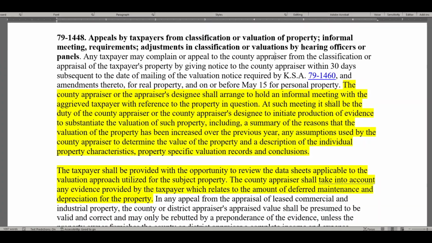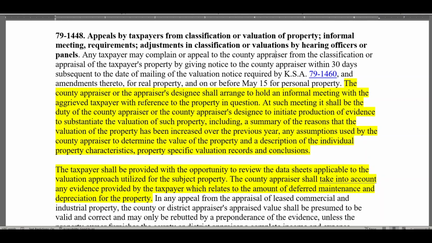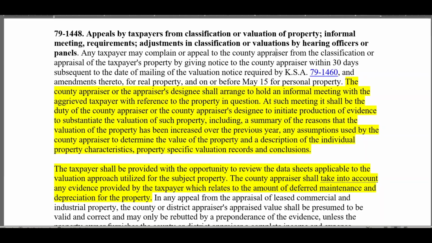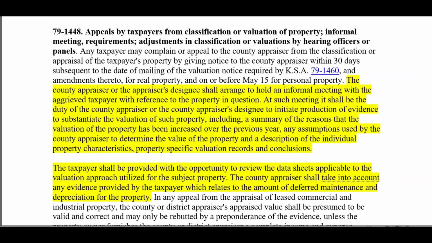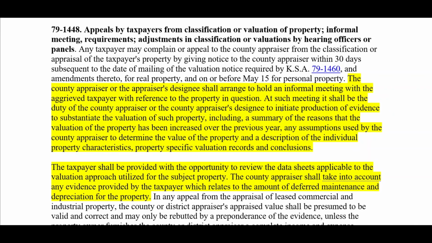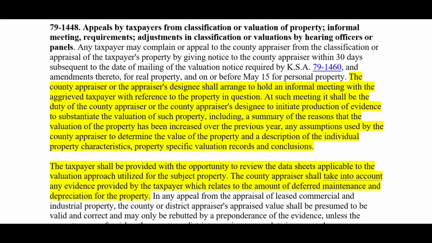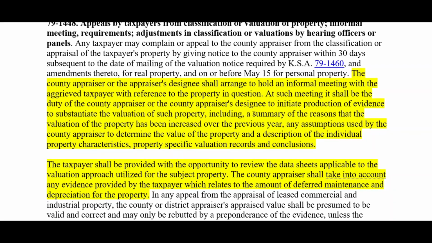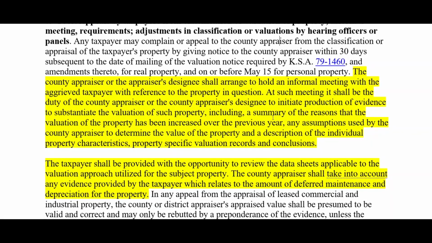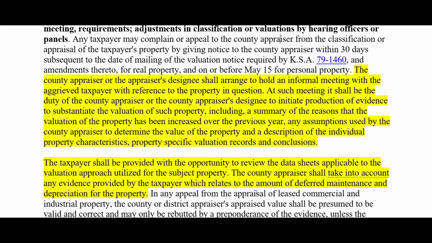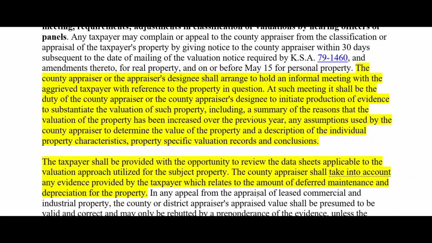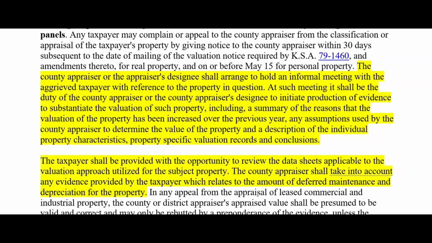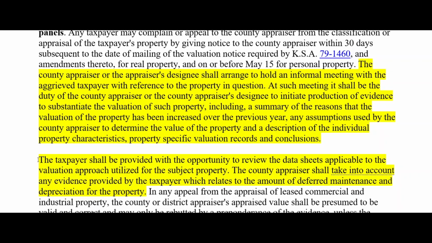The county appraiser or appraiser's designee shall hold an informal hearing with the aggrieved taxpayer. You notice it says, at such meeting it will be the duty of the appraiser or the appraiser's designee to initiate production of evidence to substantiate the value of the property, including a summary of the reasons for the value of the property. Nowhere in here does it say that the taxpayer has to do that.